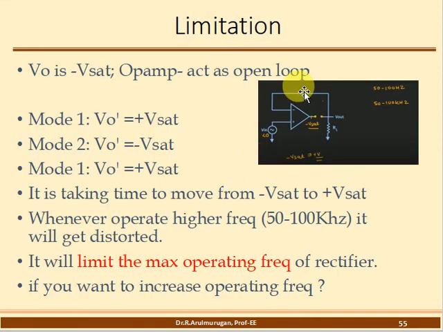Next, this precision rectifier has limitations. In the slide, two limitations are shown. One major limitation is that whenever it operates at high frequency, it gets distorted. It operates well for 50 to 100 Hz, but whenever you go to 50 kilohertz to 100 kilohertz, what will happen?